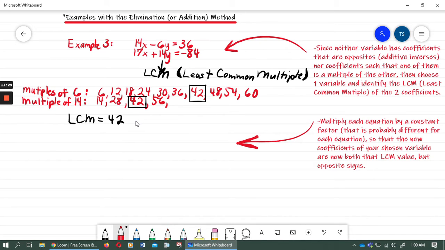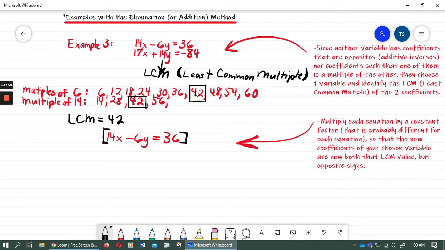Let's look at the first equation. What was that? 14x minus 6y equals 36. And we're multiplying that equation, and we've already discussed how we determine exactly what number we're multiplying by.